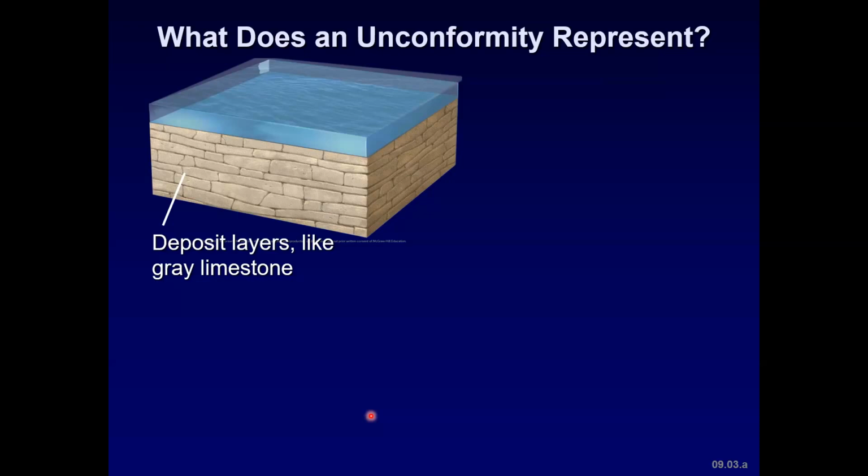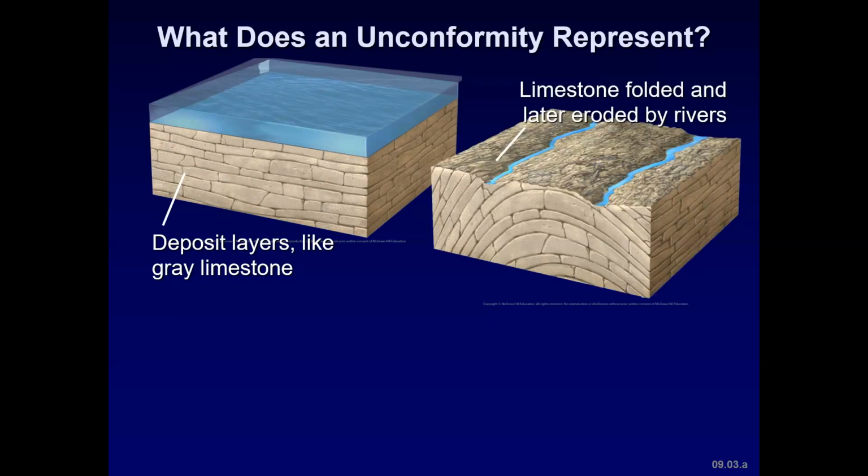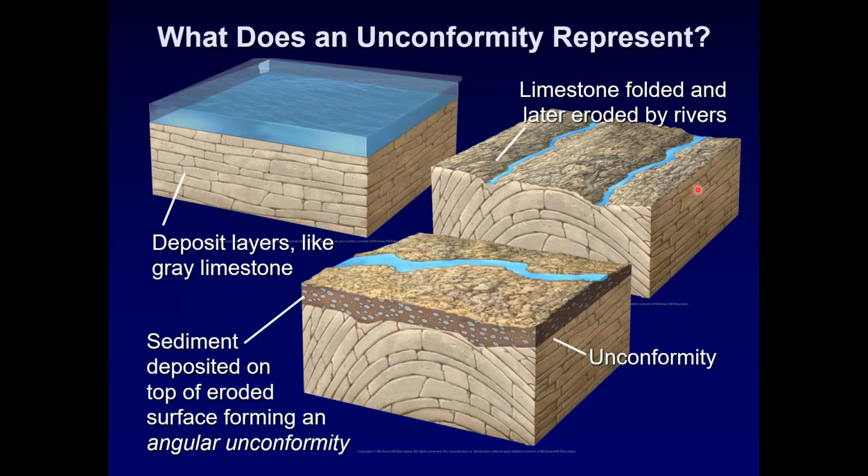In this block diagram, we're seeing gray limestone deposited in a shallow sea. Perhaps the sea withdraws, and later these limestone beds are folded and beveled by erosion later. And then a new layer can be deposited on top.